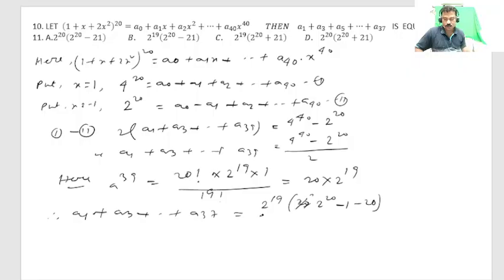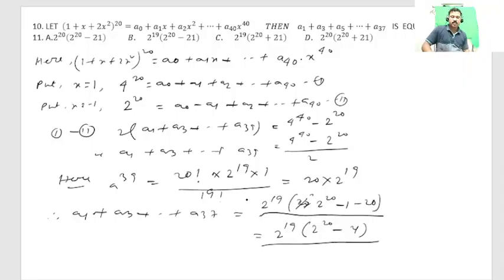Okay, if we calculate this, that is 2 to the power 19 into (2 to the power 20 minus 21). Okay, this is the correct answer. So the answer is the B option.